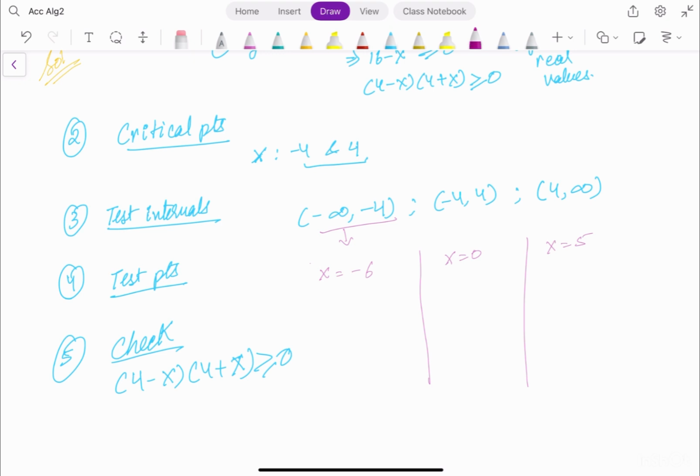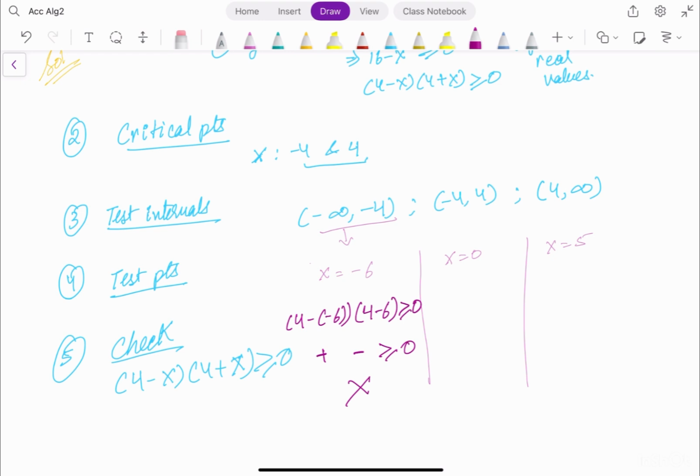So let's check the first test point. Now, we have a negative, so be careful when writing the negative down. So we have 4 minus negative 6, that will become positive. So it will give you a positive and a negative, and that will be a negative. And negative cannot be greater than or equal to 0. So the first test interval, it doesn't hold true.